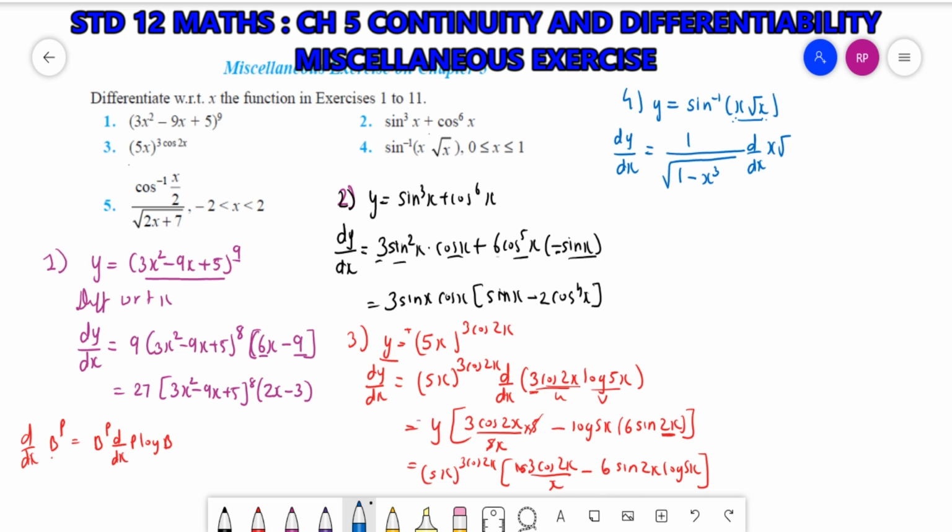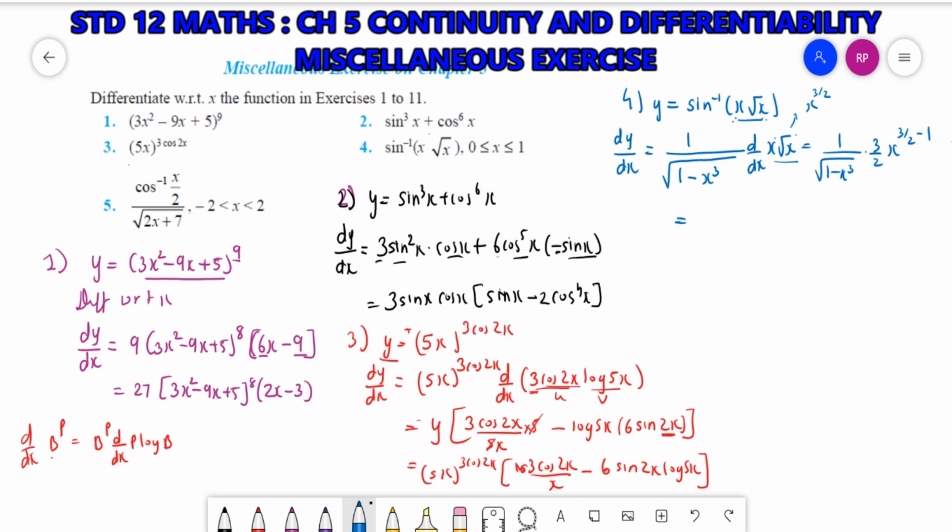x root x. So x root x, I can write this as x raised to 1 plus 1 by 2, that is 3 by 2. This will be 1 upon root of 1 minus x cube. So this is x raised to 3 by 2. Its derivative is 3 by 2 x raised to 3 by 2 minus 1. Clear?